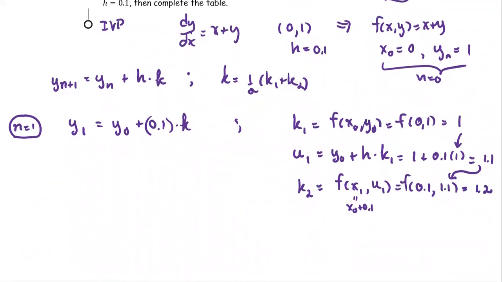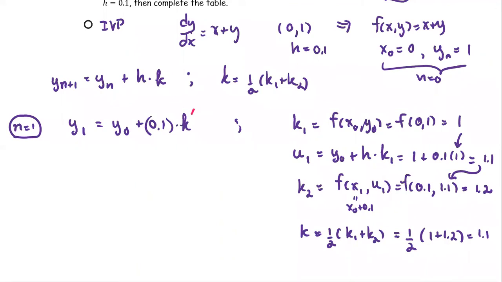After we get k2, we can use k1 and k2 to find k, which is a half of the sum of k1 and k2, or the average of these two slope values, or one half of 1 plus 1.2. So we get 2.2 divided by 2 to get 1.1 as the value of k. Then we bring it back into the problem.